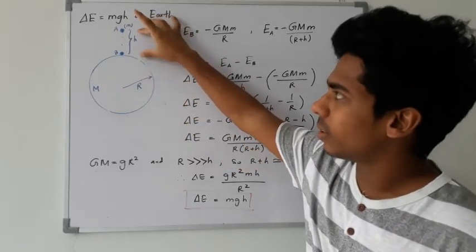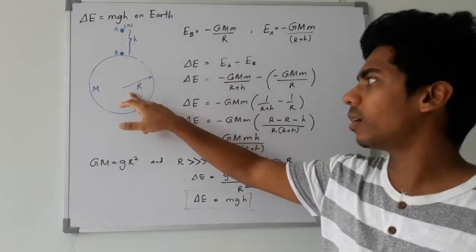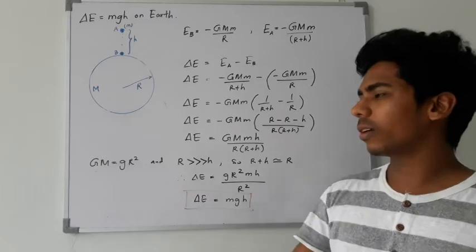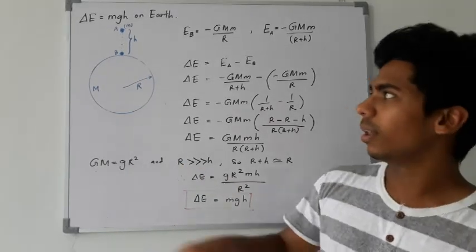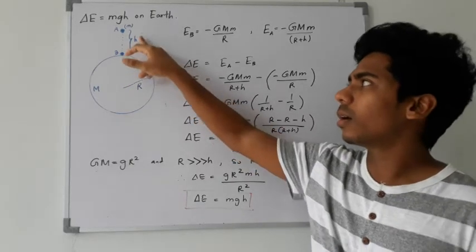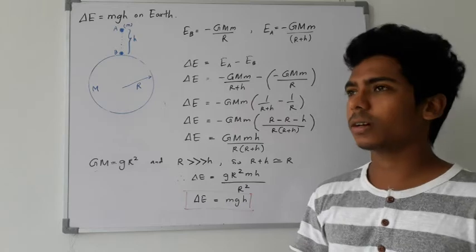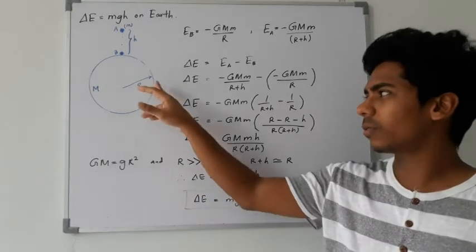Okay, this height is much less compared to the radius of the Earth. For example, we know the radius of the Earth is 6,400 kilometers. Let's say for example you move this mass 1 kilometer above the Earth's surface, still that is negligible compared to the radius of the Earth.